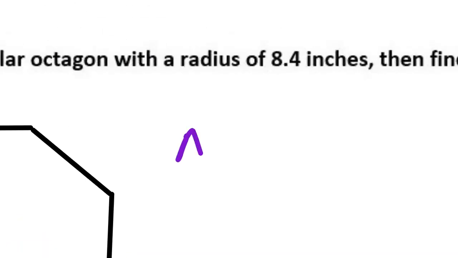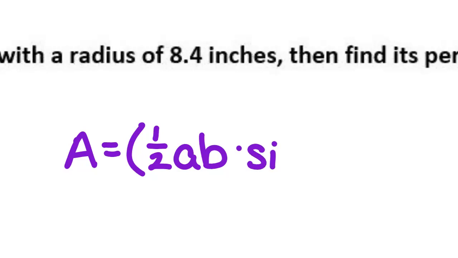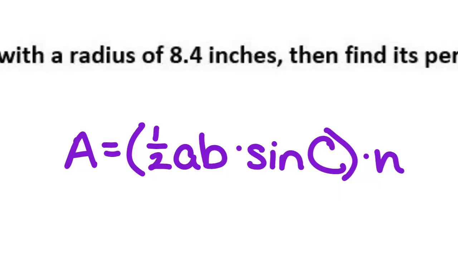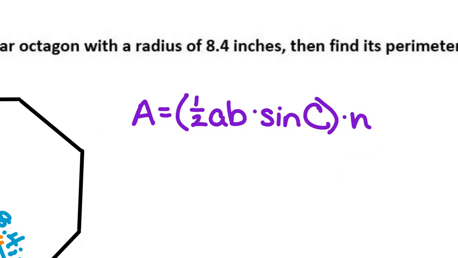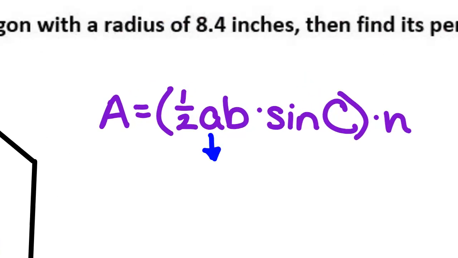The whole reason I'm doing this is the area formula when we've been given the radius is 1/2 AB times the sine of angle C times the number of sides. The radii go in for A and for B, so those are going to be the same. Those will both be 8.4.